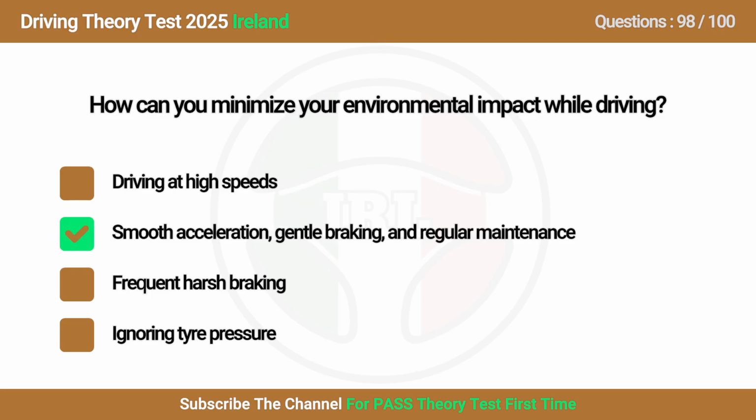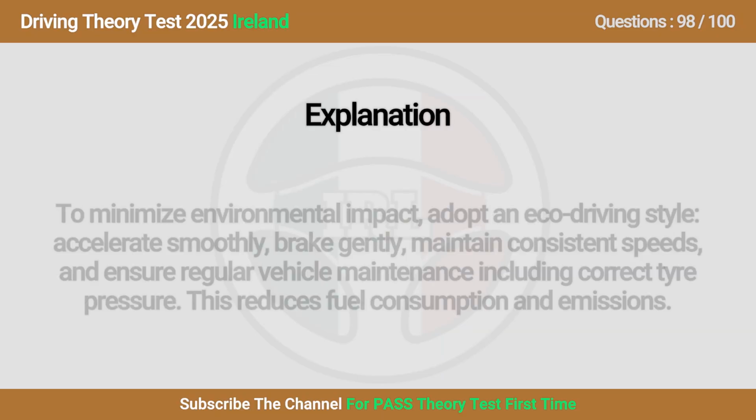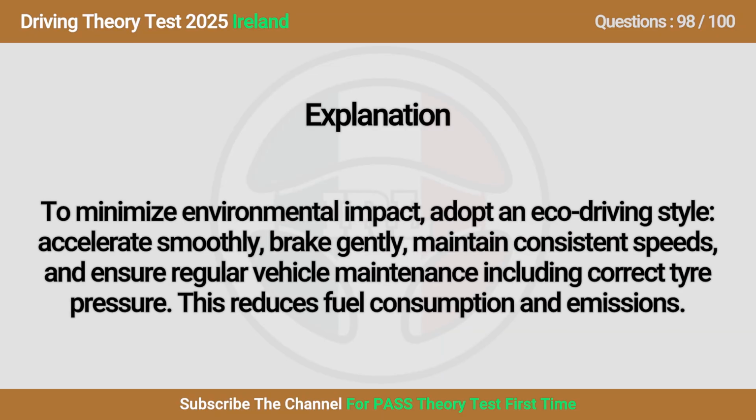Answer is B. Smooth acceleration, gentle braking, and regular maintenance. To minimize environmental impact, adopt an eco-driving style: accelerate smoothly, brake gently, maintain consistent speeds, and ensure regular vehicle maintenance including correct tire pressure. This reduces fuel consumption and emissions.